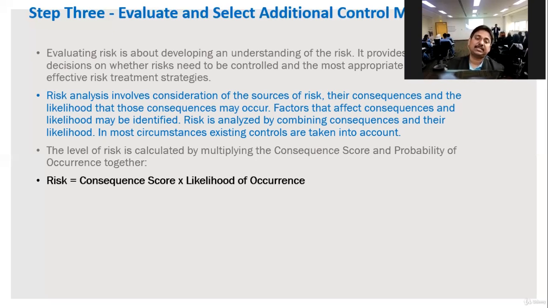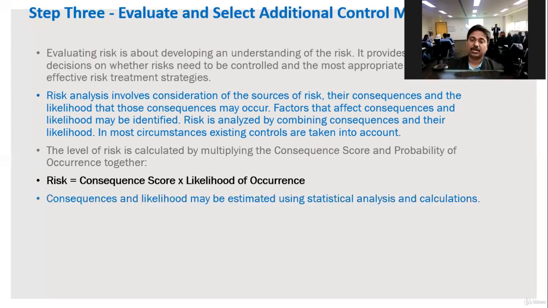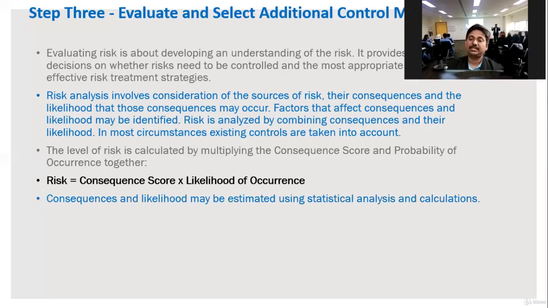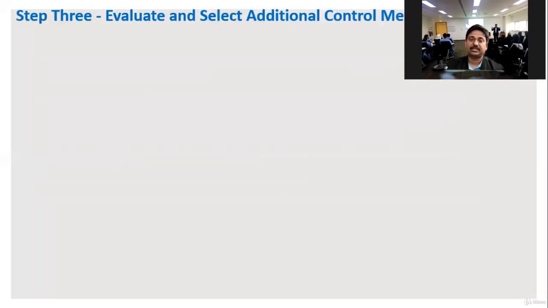So what is risk? Consequence score multiplied by likelihood of occurrence. Consequences and likelihood may be estimated using statistical methodologies or analysis by calculations.